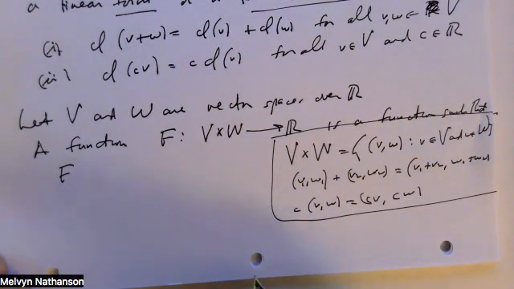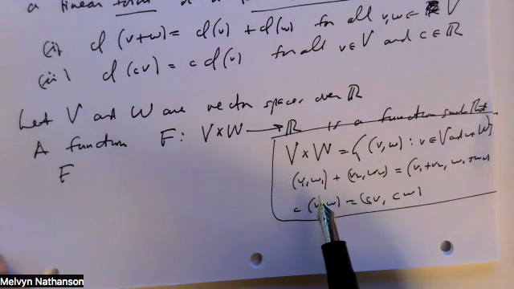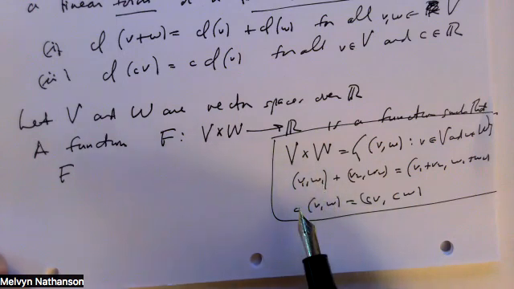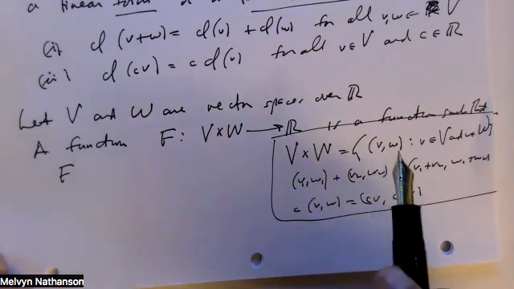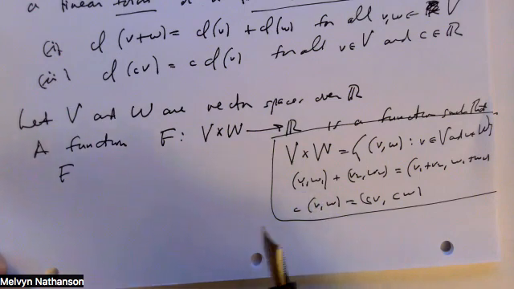And with this definition of addition and scalar multiplication of pairs of vectors, we get a new vector space. So V and W are vector spaces. So is V cross W.